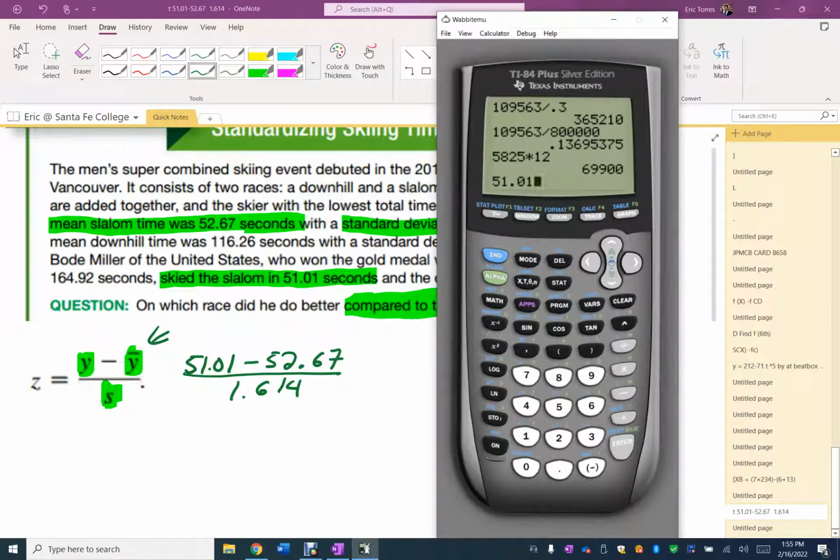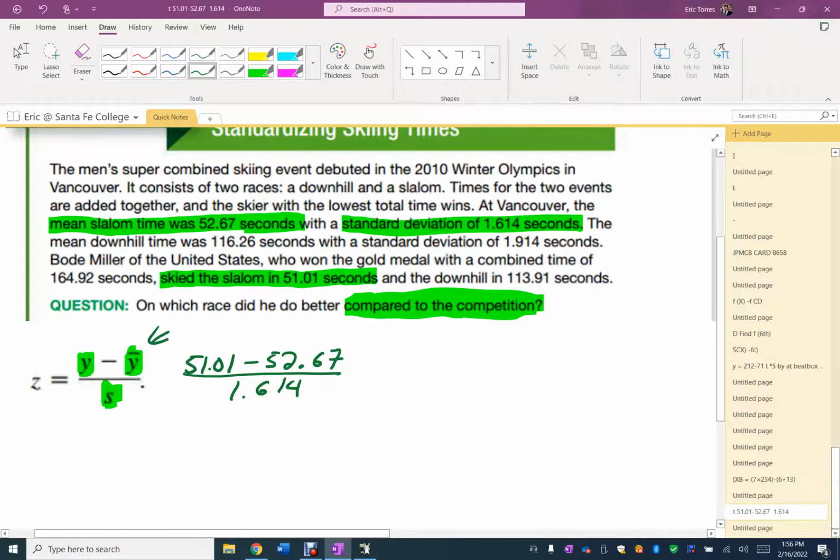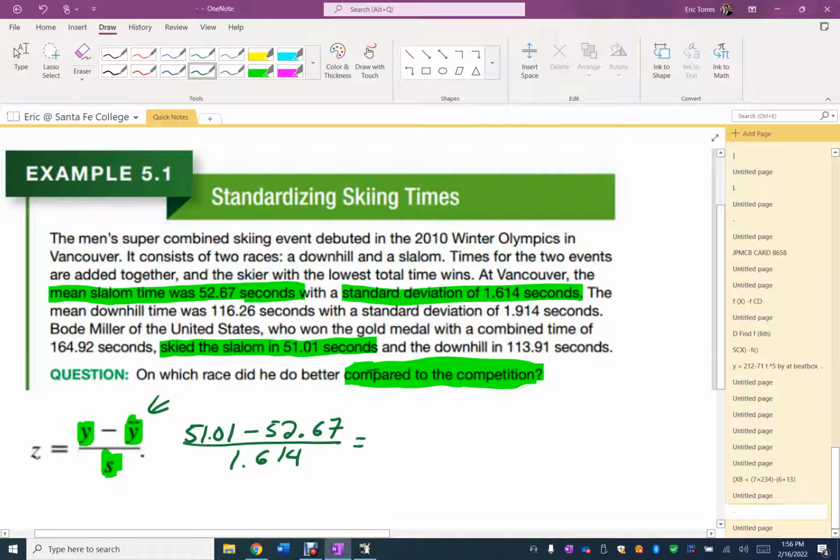It's very important that if you're going to try to do this all in one step, you use parentheses. You can, however, I generally would avoid doing that, because if you don't do this correctly, you'll easily make a mistake.